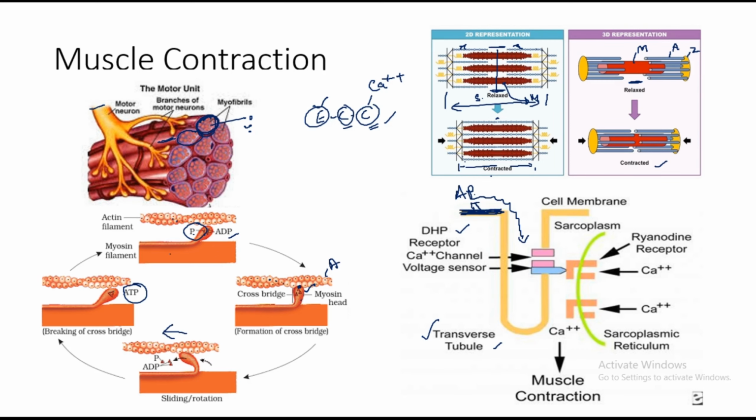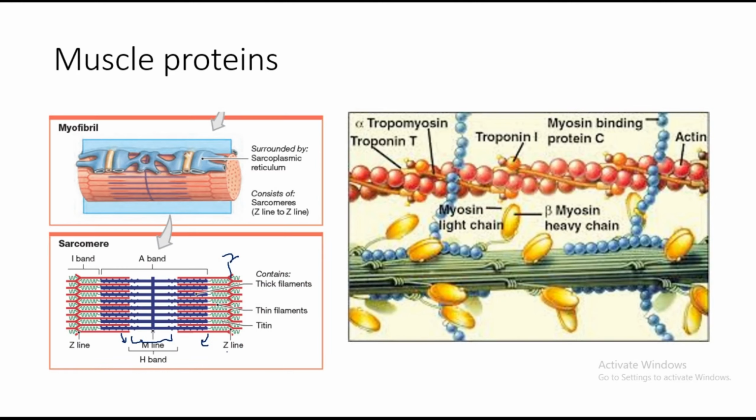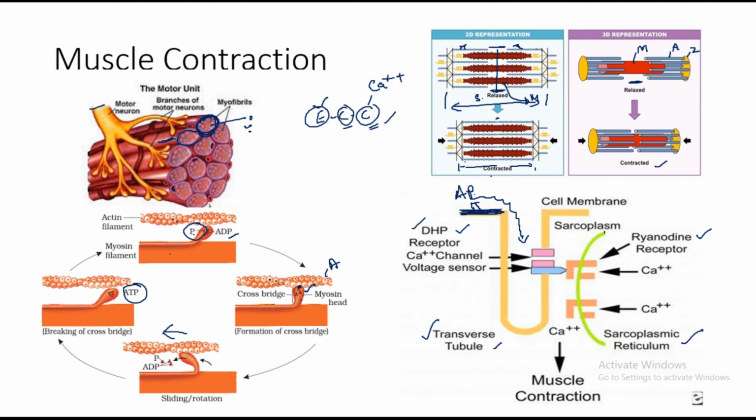In this we have different kinds of receptors: dihydropyridine receptor and RYR receptors. The RYR receptor is present in the sarcoplasmic reticulum, a modified sarcoplasmic reticulum present inside the cell of the skeletal muscle. The RYR receptors handle the calcium outpouring.